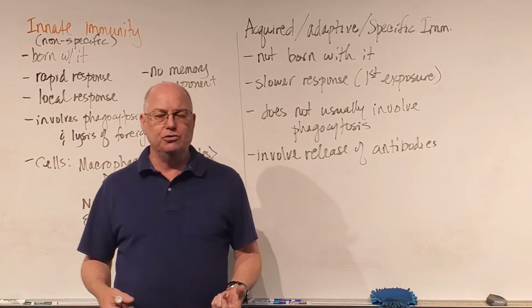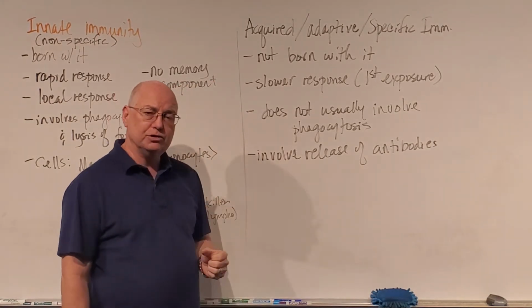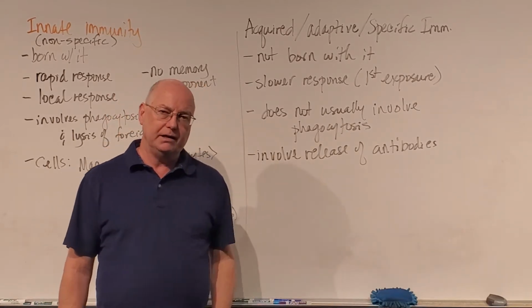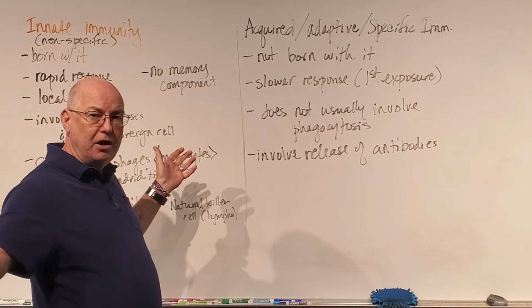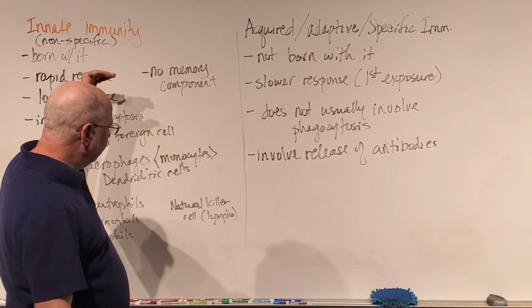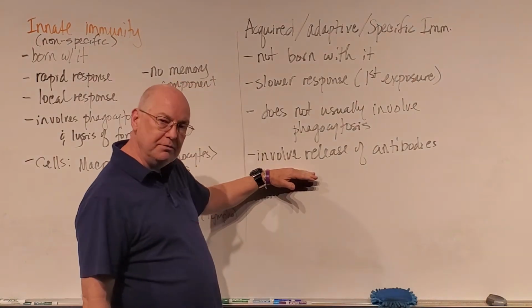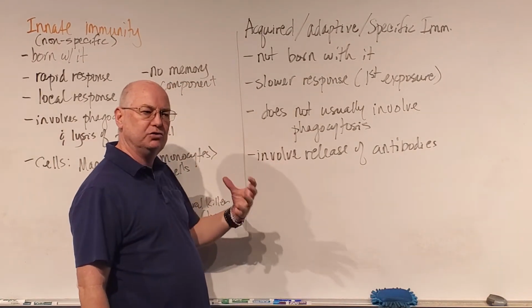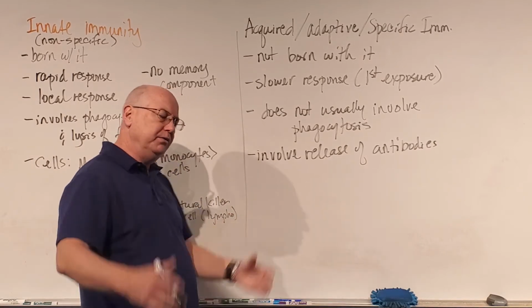But sometimes they don't know who the bad guys are. So in our acquired immune system, sometimes our cells can tag the bad guys. It would be like hitting them with paintballs of a certain color, so that now the other cells can move in and wipe out the cells that are labeled with these antibodies. It's sort of like a molecular tag that says, hey, I'm a bad guy, and we can wipe it out.